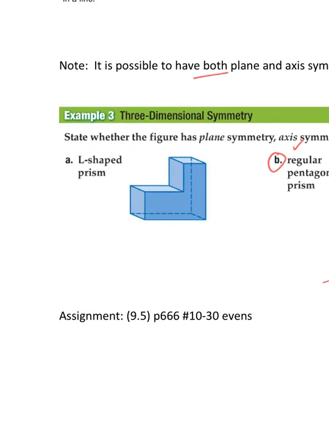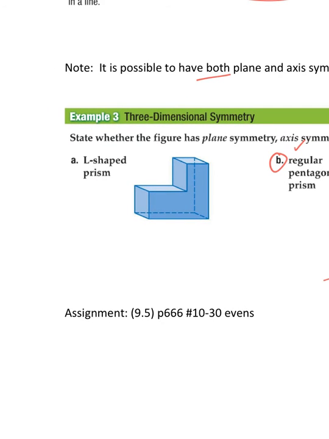Now we're talking about this L-shaped prism. I'll just get to the axis symmetry. This one's not going to map onto itself until it makes a whole rotation, so it doesn't have axis symmetry. Does it have plane symmetry?